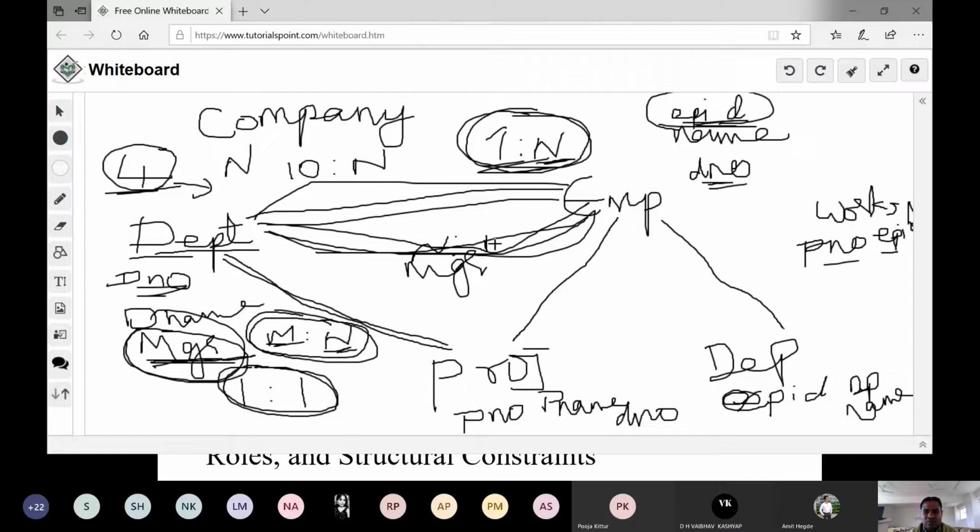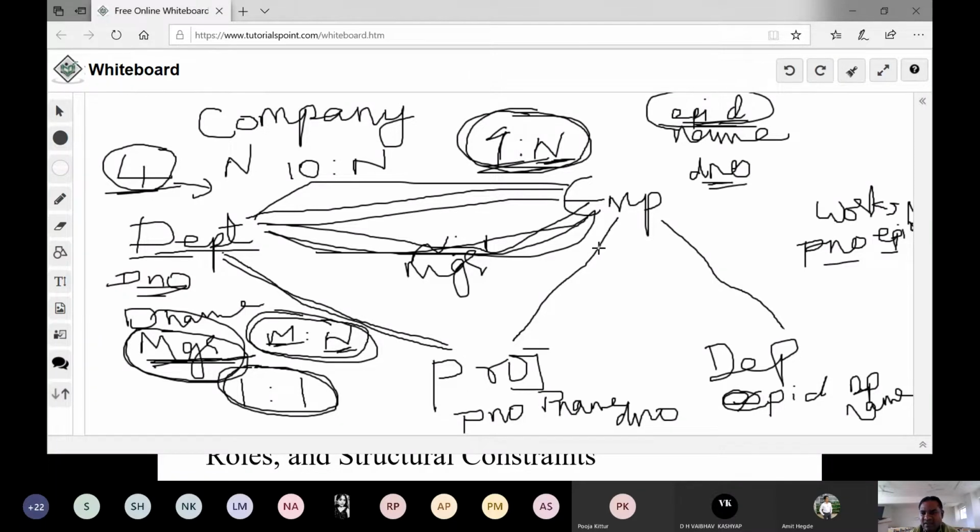Now if I say 1 is to n, how do you read it? Department and employee is written as 1 is to n. Then how do you read this? In department 1 is to n, employees will be holding this value, and departments will be holding this.